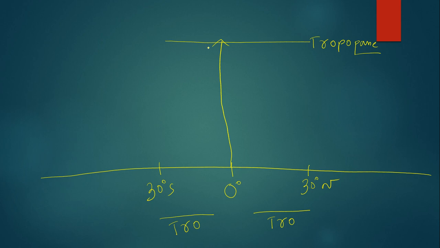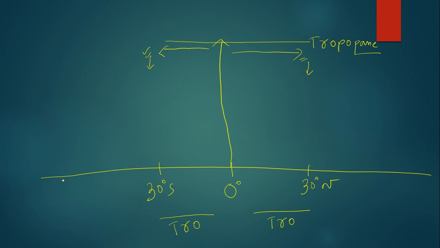After being obstructed, the air is bifurcated into two directions. One part is moving from 0 degree to 30-degree south, another from 0 degree to 30-degree north. This air will ultimately fall on this area.